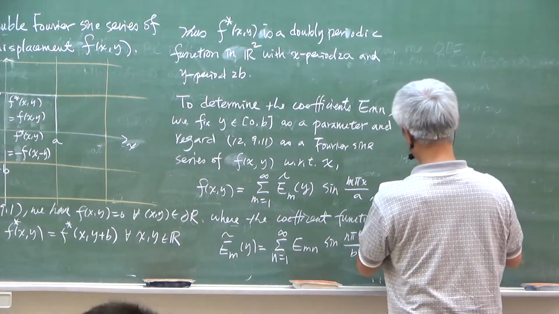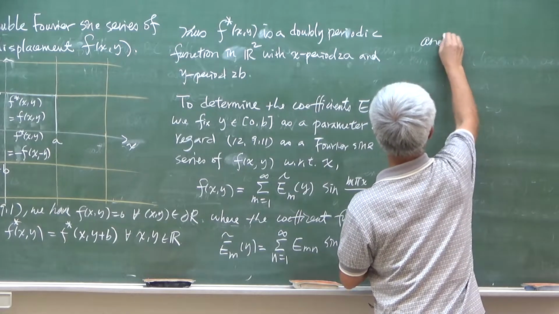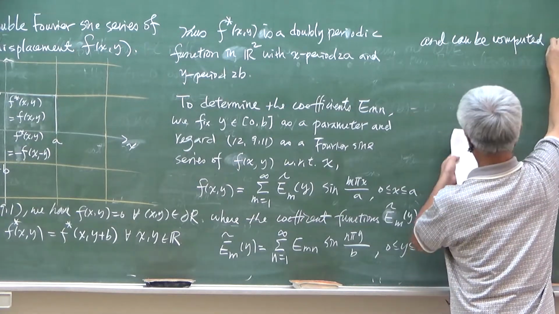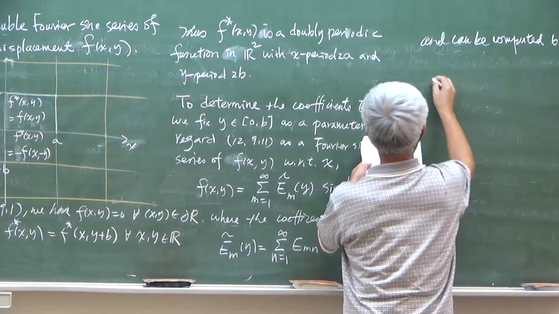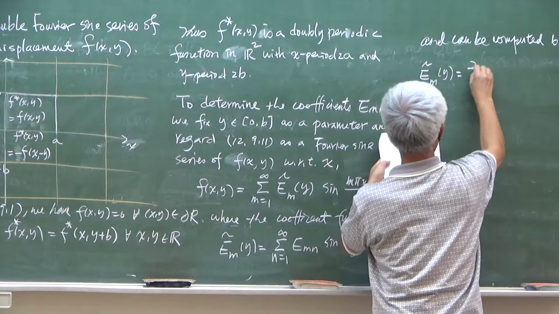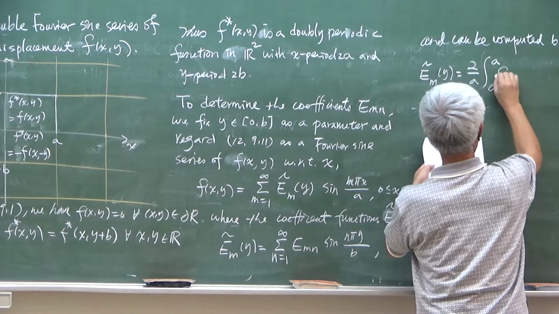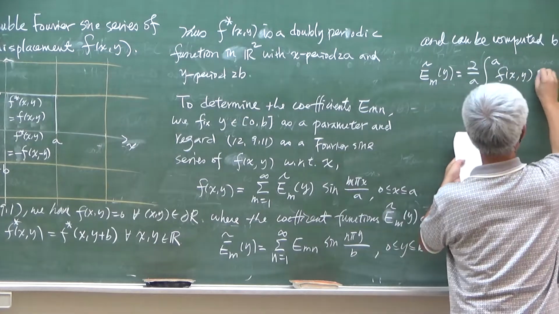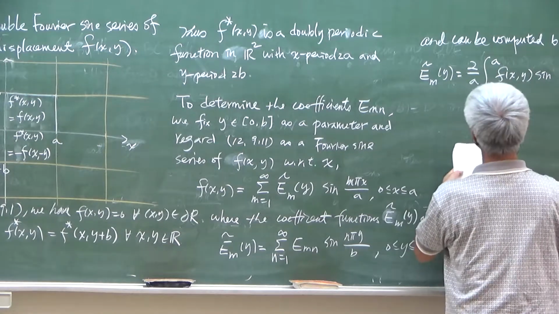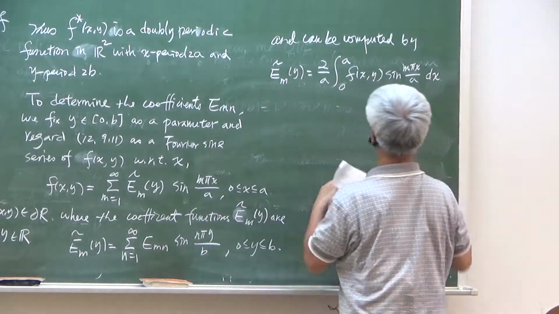Now the coefficient function can be computed by the formula E tilde_m(y) equals 2 divided by a, integral from 0 to a of f(x, y) sine(m pi x / a) dx.